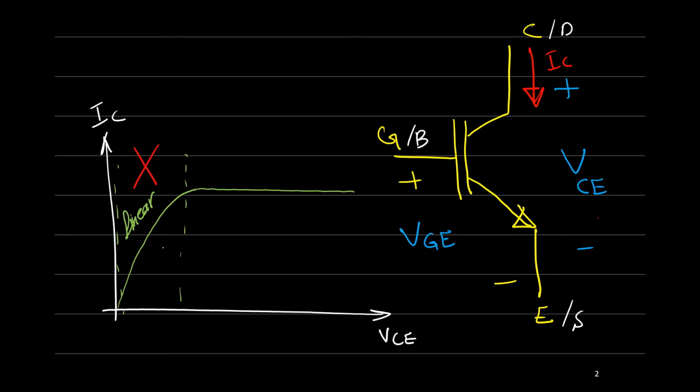In power electronic systems, we will work either in the saturation region or in the cutoff region. So we use the transistor as a switch, either on or off. We will never work in the linear region.